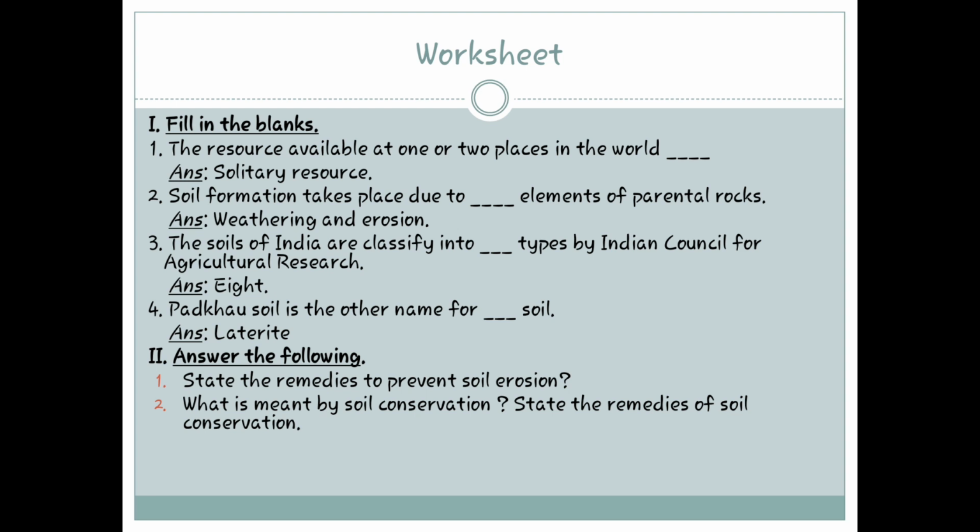Third question, the soils of India are classified into dash types by the Indian Council for Agricultural Research. Answer is 8. Question number 4. Padkau soil is the other name for dash soil. Answer, laterite.